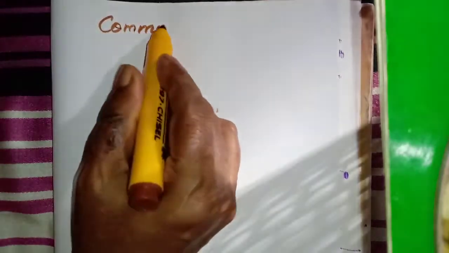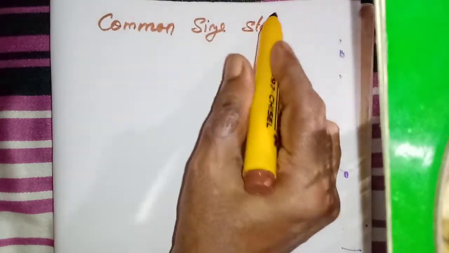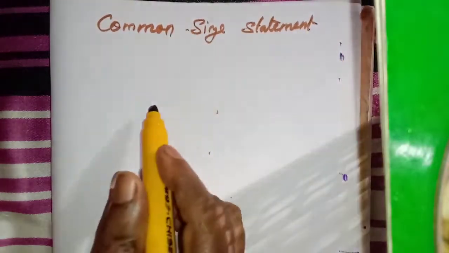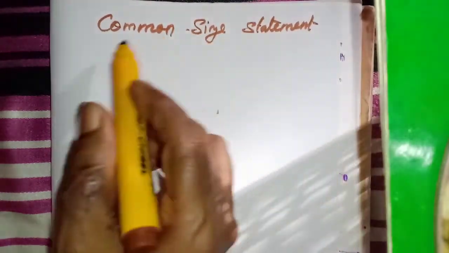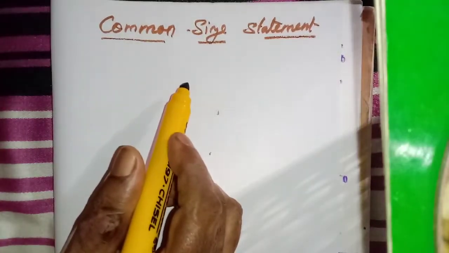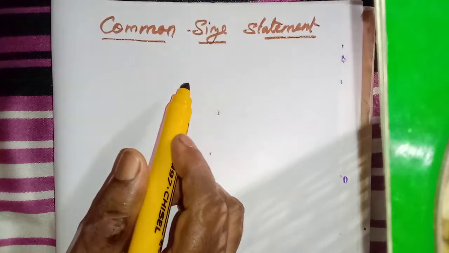So now we will learn the next one, common size statement, in financial statement analysis. They have simply given it short as common size statement. So what is this common size statement?